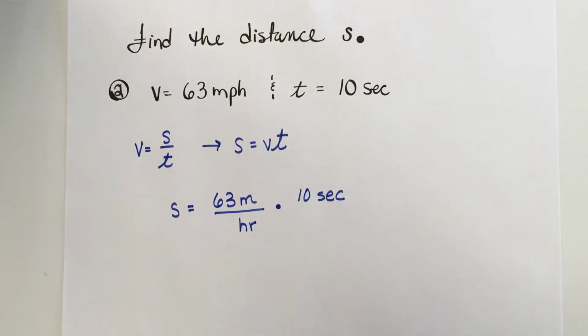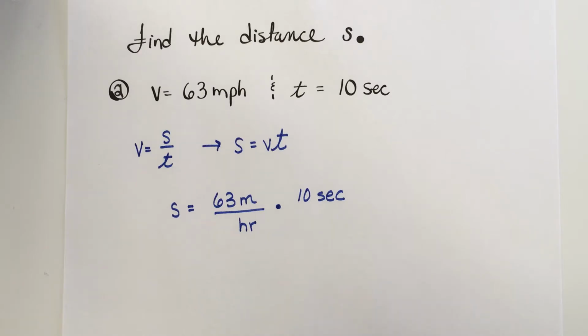And if you're finding S, remember, S is the distance around the edge of the circle. So it's not a velocity, you're not going to have units that are something per something. S is going to be just inches or just yards or just meters or just miles, okay?